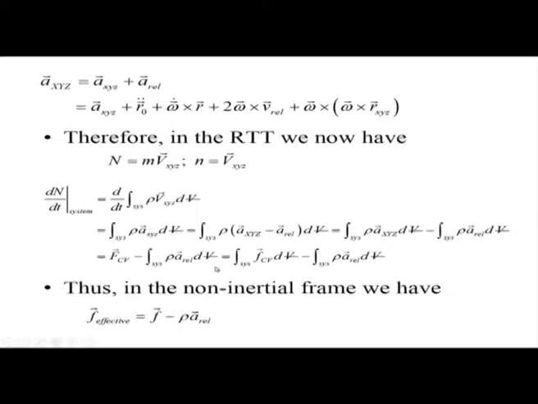Then there is a correction term: force on the control volume minus the integral of rho a relative dV. That means you can use the Navier-Stokes equation where you replace the force by force minus mass into acceleration. So minus mass into acceleration is the inertia force or the pseudo force.